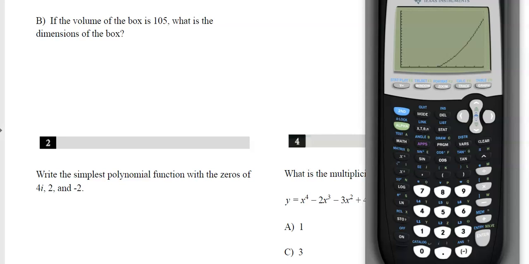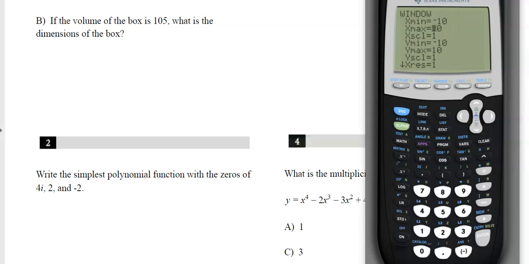And I'm going to change my window. I'm going to go back to standard. So zoom, standard. See if the regular window gives me anything nice. So it looks like I see something crossing at 4. And maybe I'll change. Let's go to my window and let's make my x's bigger.